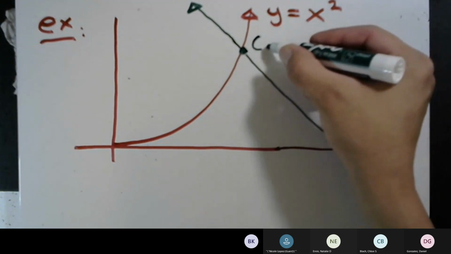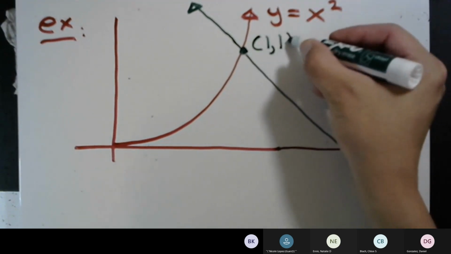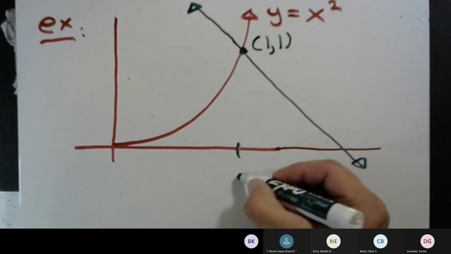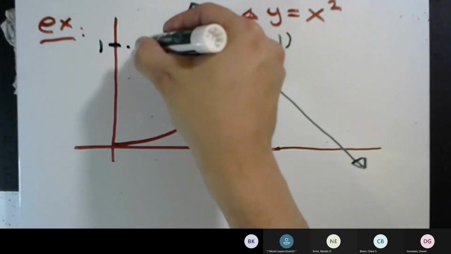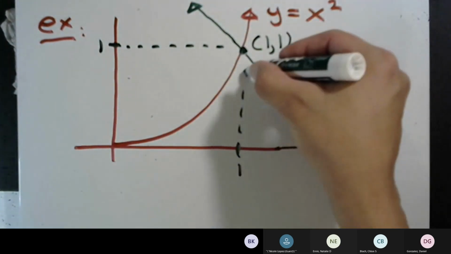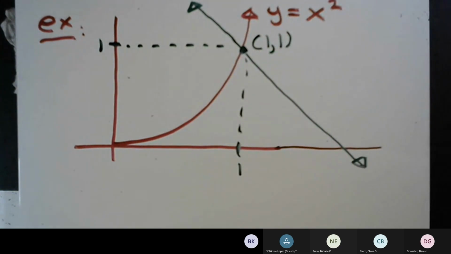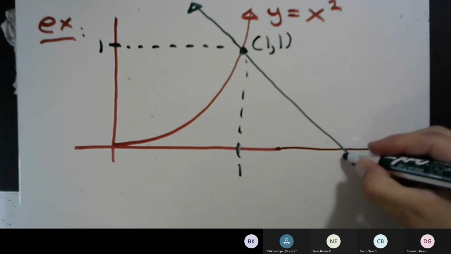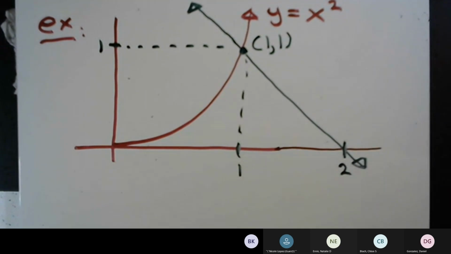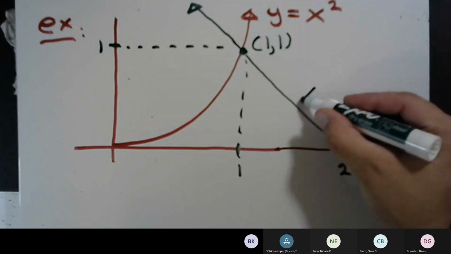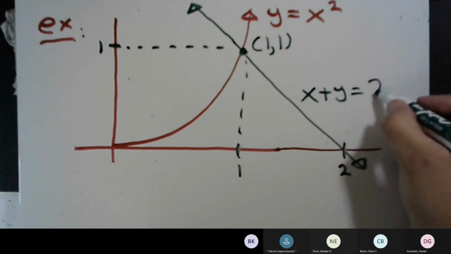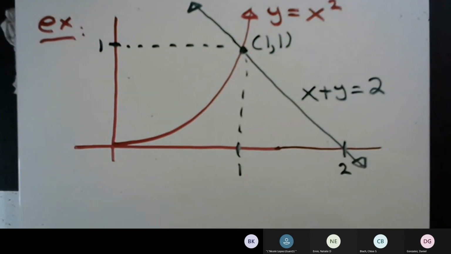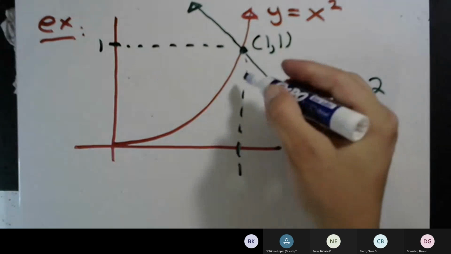And these intersect at 1, 1. And this is going to be 2. And this here is going to be x plus y is equal to 2. And we want to find this area.